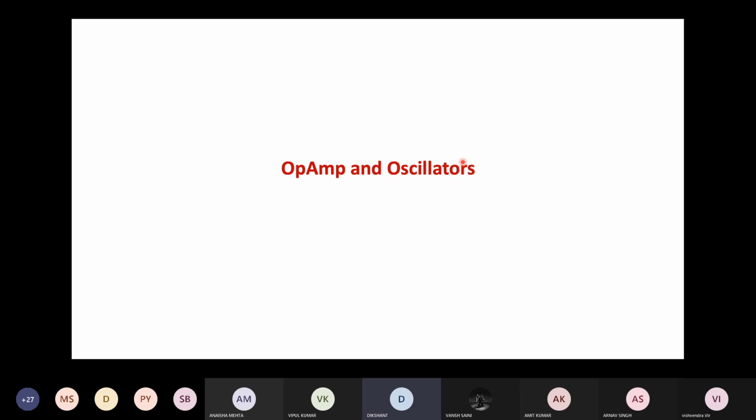So they provide oscillating voltage or current to the circuit. Yes, that is one thing. Anybody else? Anybody else know that? What is an oscillator?